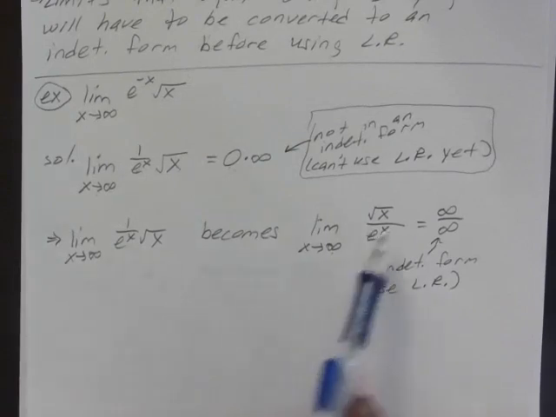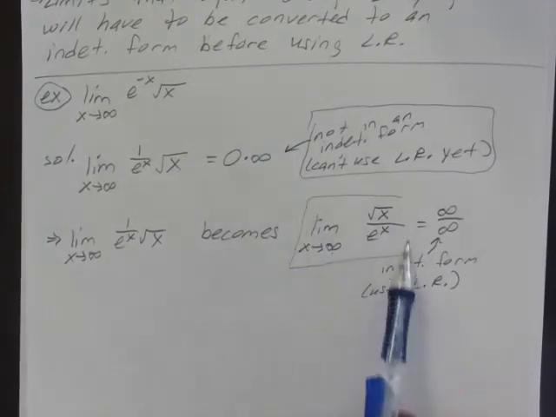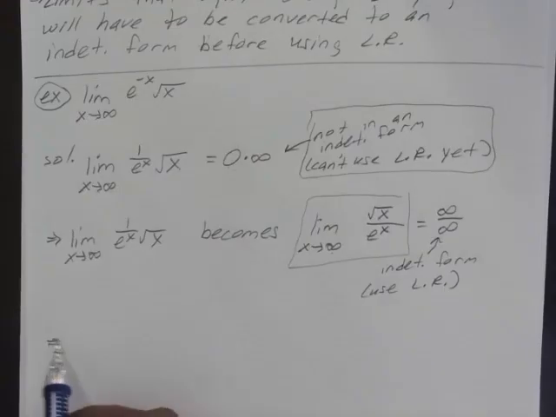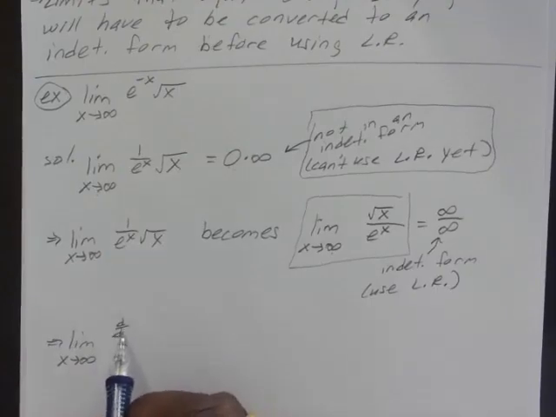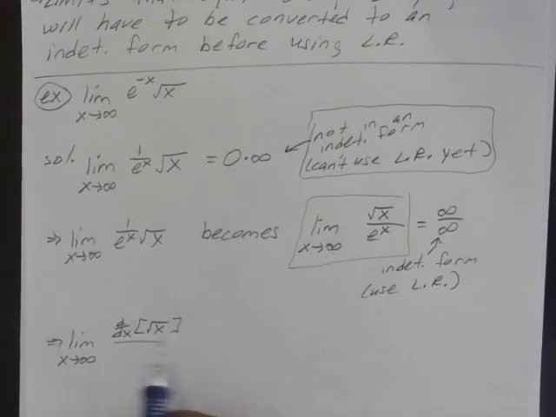So that means that this form here is equal to the limit as x approaches infinity of the derivative of square root of x divided by the derivative of e to the power of x.